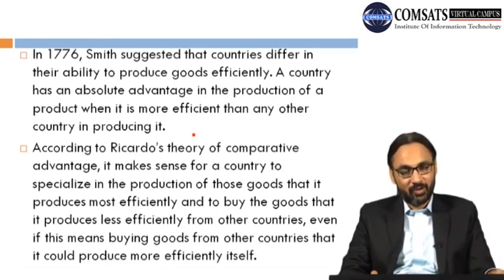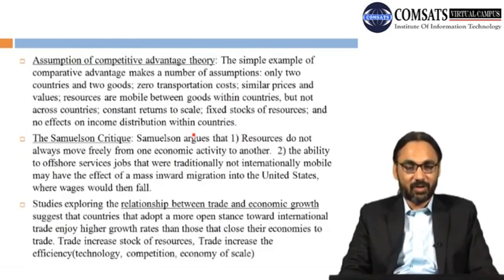What it should do is produce product A and export it, and import product B from the other country, despite being able to produce product B as well. This is called comparative advantage. Comparatively, they are better at producing product A than the other country, which is why they have to focus on comparative advantage.